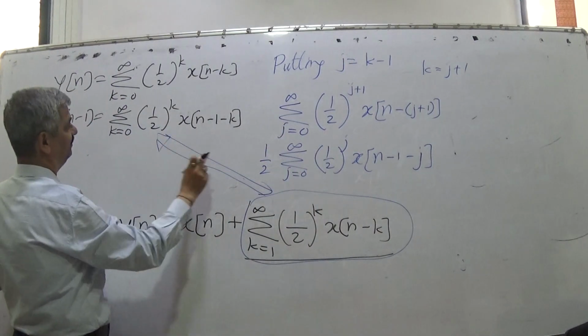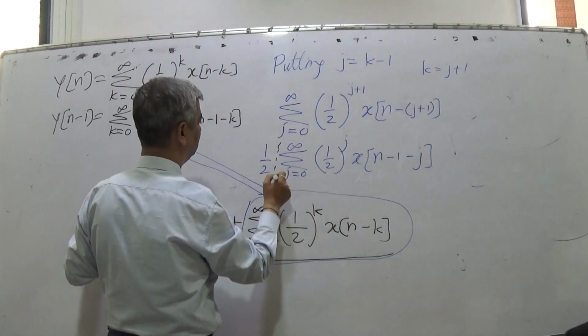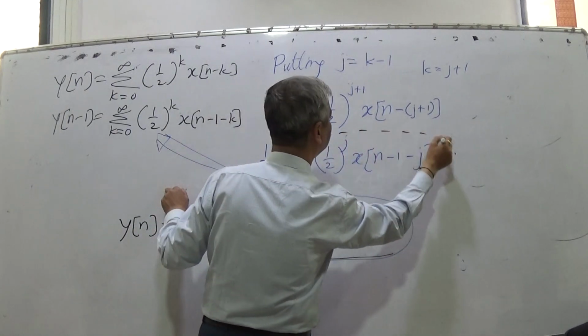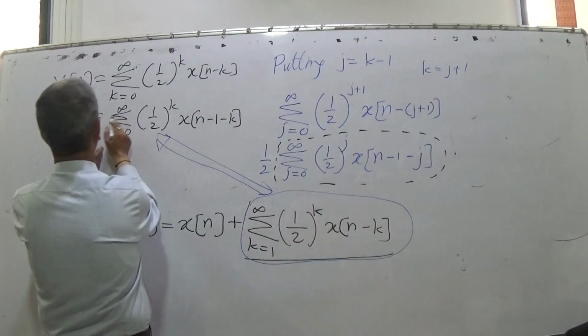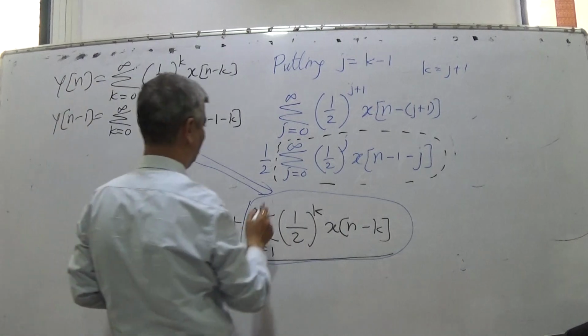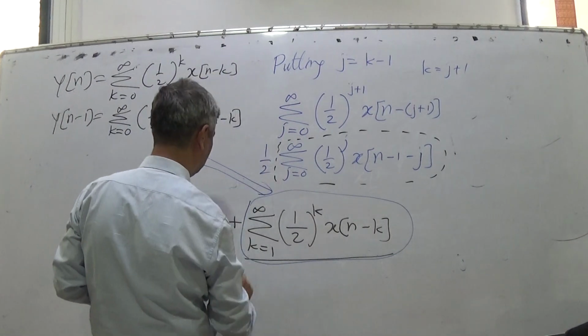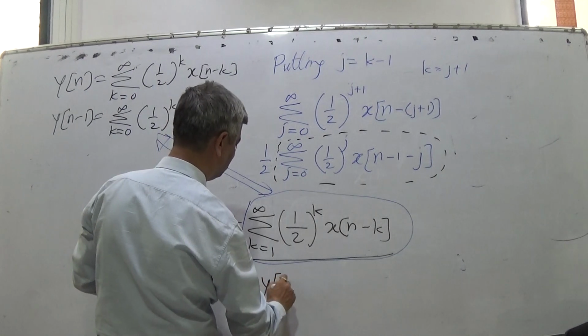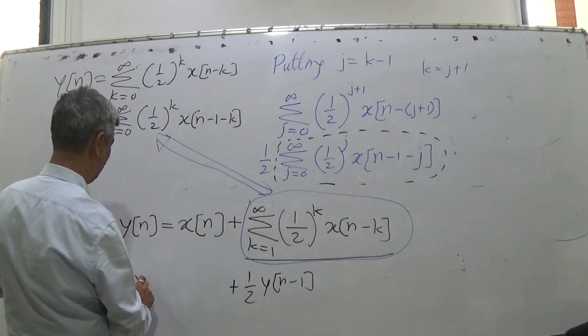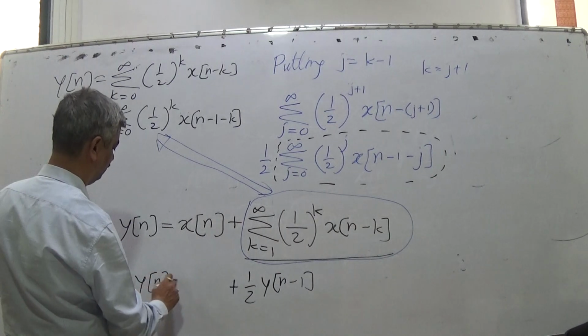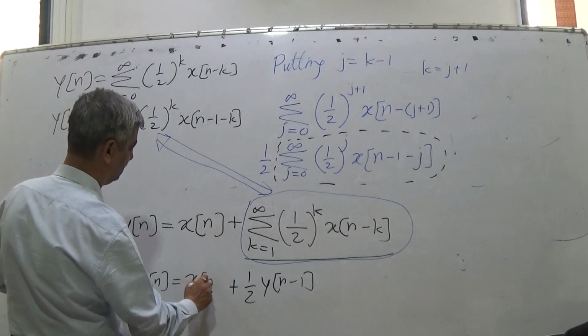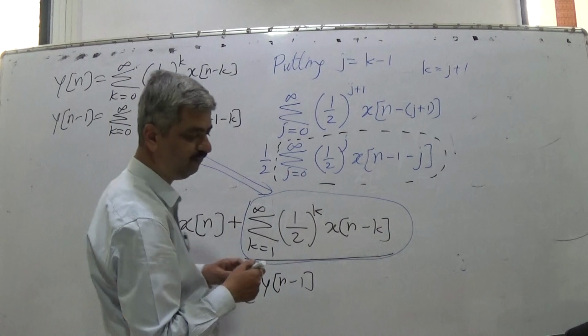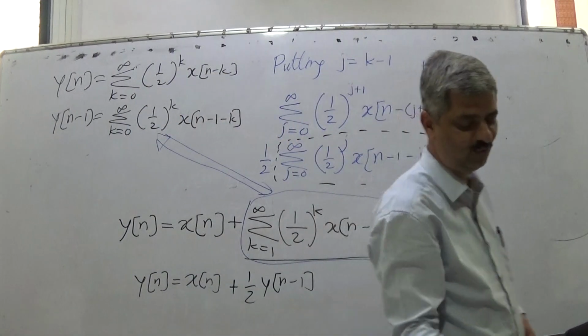So this part is equal to this part, so this is half Y of n minus 1. Thus Yn is equal to xn plus half Y of n minus 1.